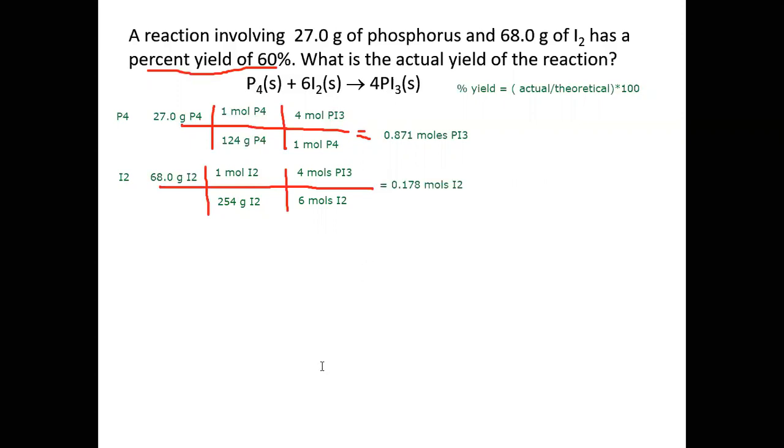So here you'll notice that in this example, I2 is the limiting reactant. And so now we need to convert the moles of PI3, not I2, to grams. So molar mass, one mole.